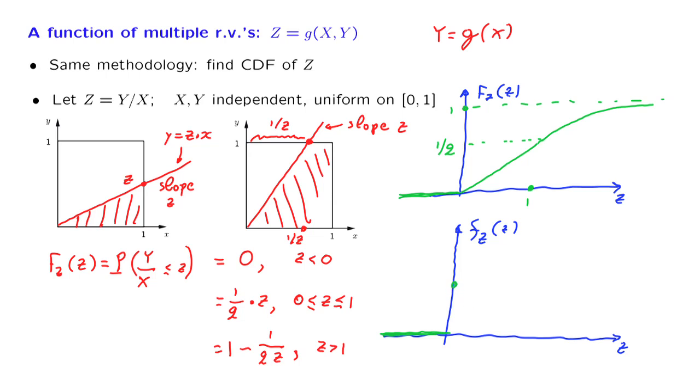So the PDF is equal to 1/2 for z's between 0 and 1. And finally, in this region, this is the formula for the CDF. When we take the derivative, we get the expression 1 over 2z squared, which is a function that decreases as z goes to infinity, so it has a shape like this one. So we have completed the solution to this problem.